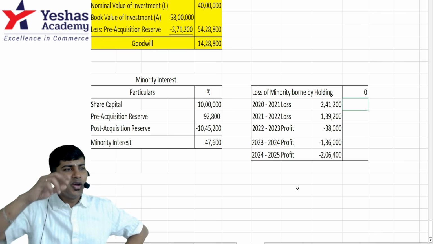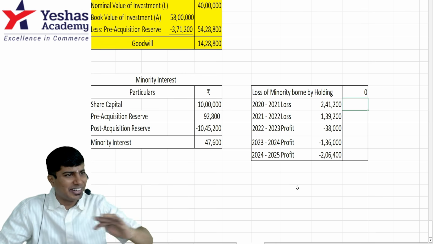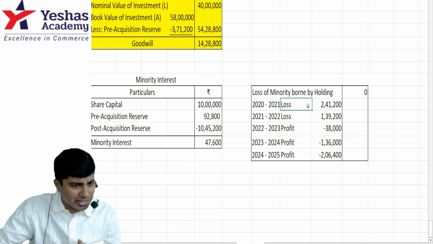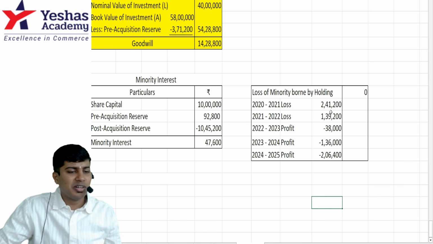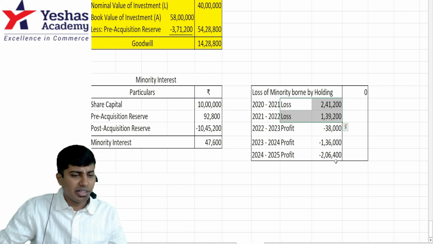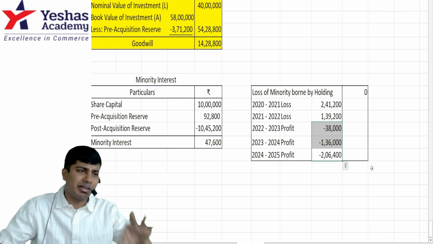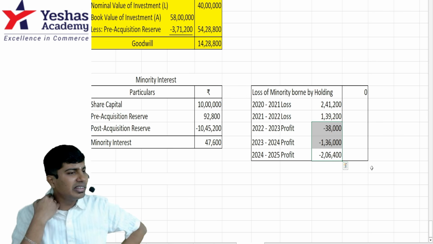Are you getting it? Yes. Whatever was loss borne once is now getting reversed slowly, and it will all get reversed. These 2 years they bore loss, these 3 years it got reversed. 2,41,200 plus 1,39,200 minus 38,000 minus 1,36,000 minus 2,06,400 comes to the same value.